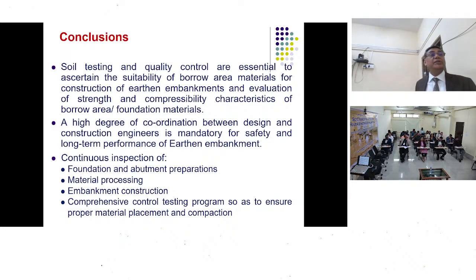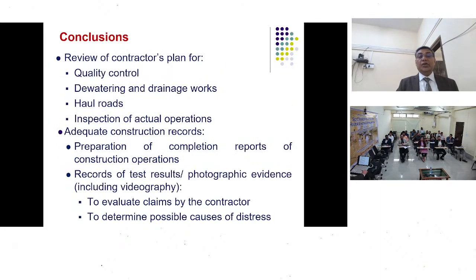Continuous inspection has to be there of the foundation and abutment preparations, material processes, embankment construction, and a comprehensive quality testing program. Review for quality control, dewatering, drainage works, haul roads, inspection of actual operations. We have seen in projects wherein people have been using the clay core as roads.